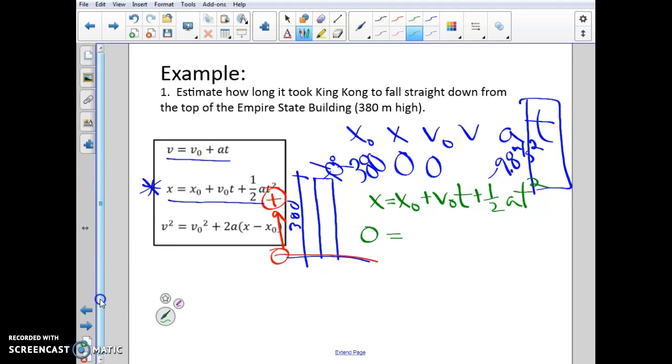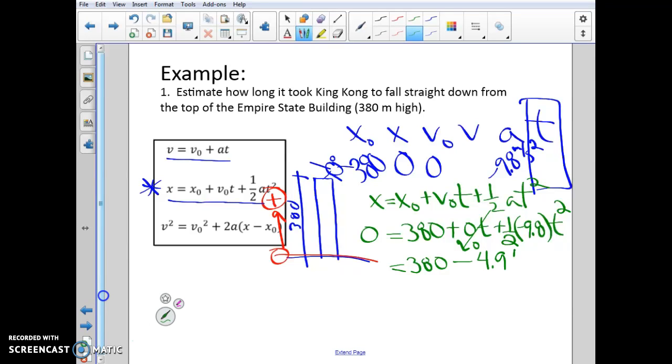Final x, 0, initial x, 380. Initial velocity is 0, so that goes to 0. Plus 1/2 negative 9.8 t squared. I simplify that, I get 380, and 1/2 times negative 9.8 is negative 4.9 t squared, and it all equals 0.